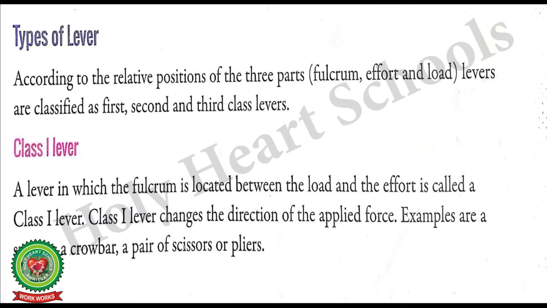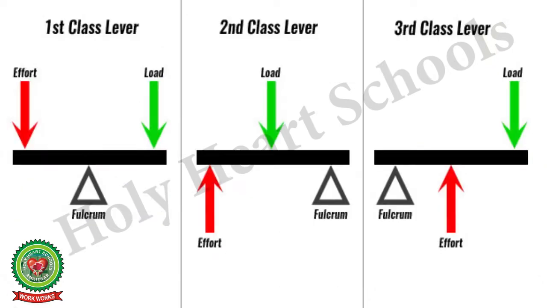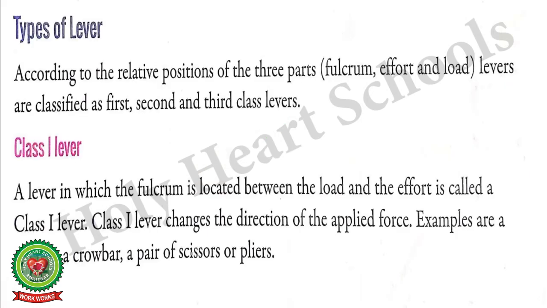Now, next topic is types of lever. According to the position of fulcrum, effort, and load, levers are classified as first class lever, second class lever, and third class lever. Let's discuss these levers one by one. Class 1 lever. A lever in which the fulcrum is located between the load and the effort is called a class 1 lever.